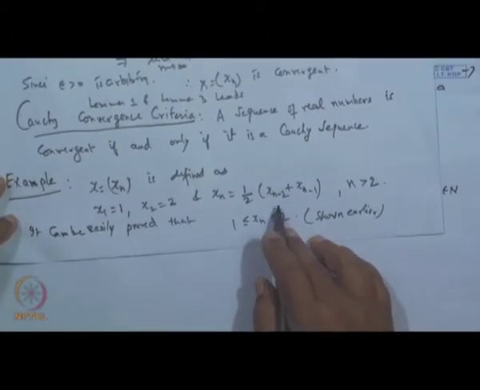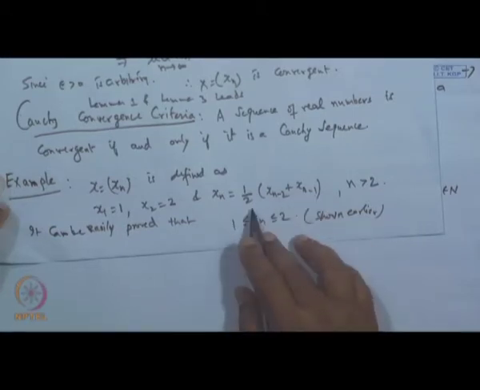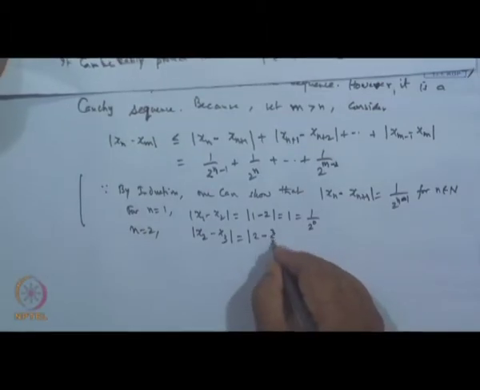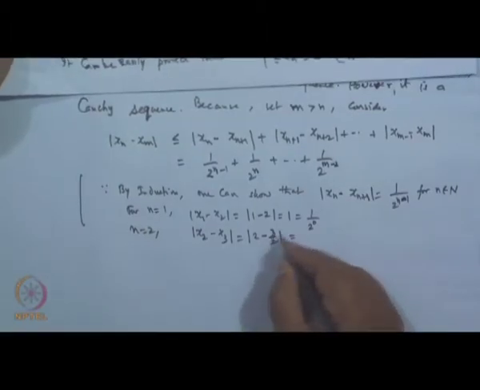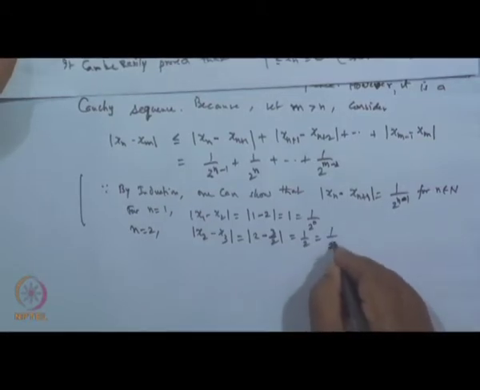X 3 from here is the average, when n is 3, of x 1 plus x 2 by 2, that is 1 plus 2 by 2, that is 3 by 2. So this will be equal to 1 by 2, which is 1 over 2 to the power 2 minus 1.